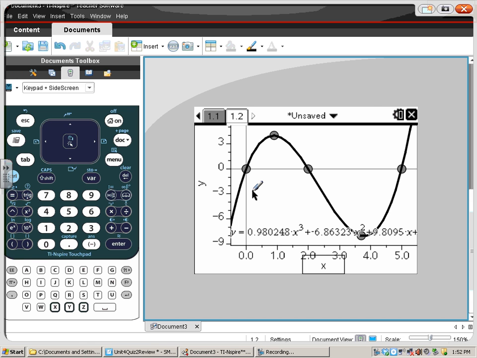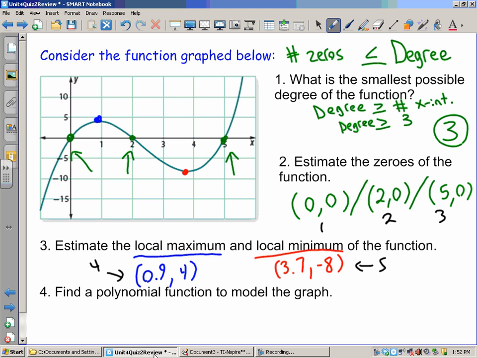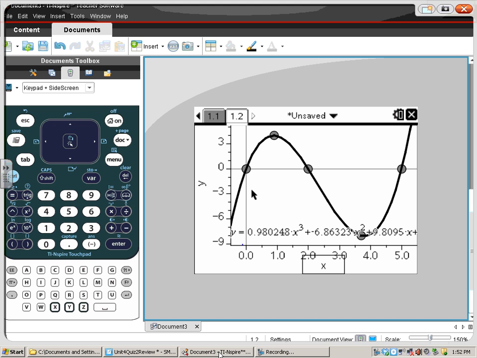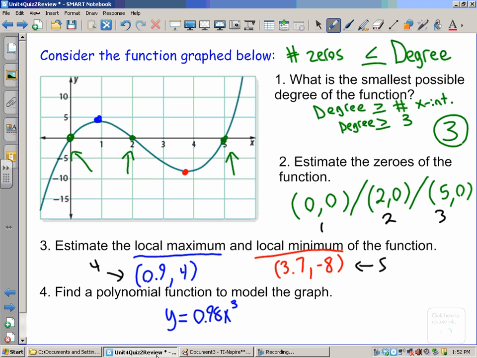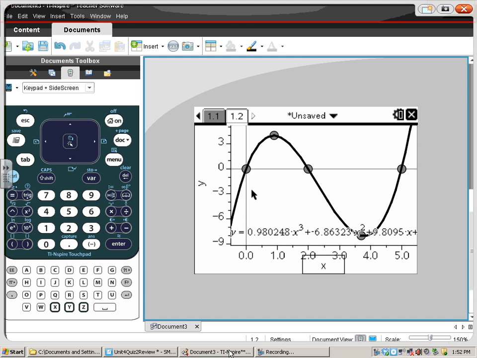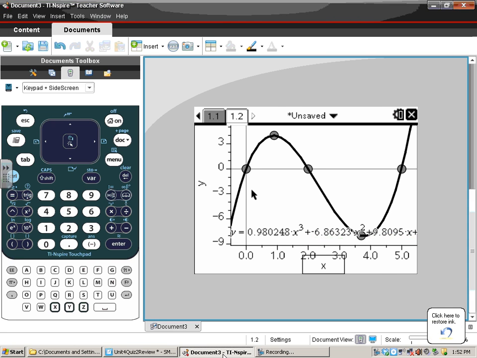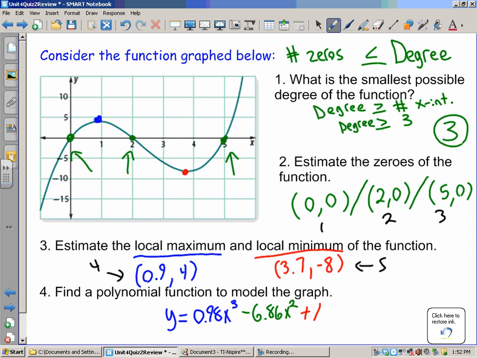So it's y equals 0.98x cubed, minus 6.86x squared, plus 9.81x.